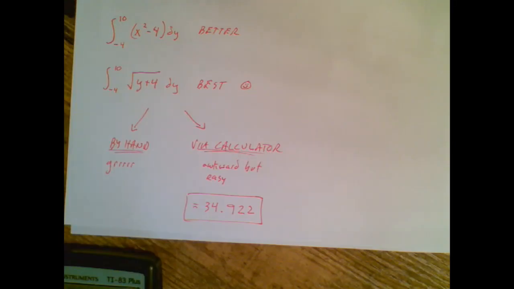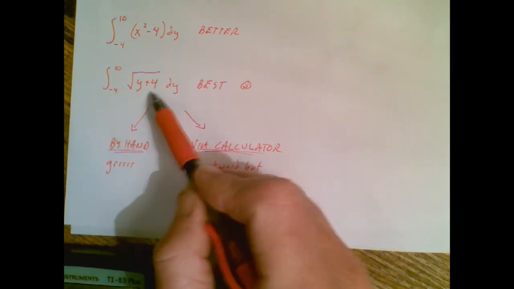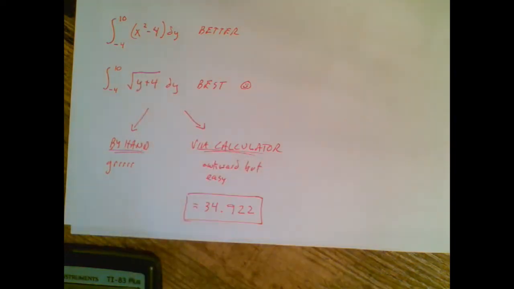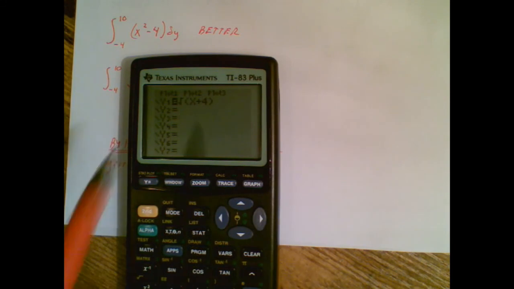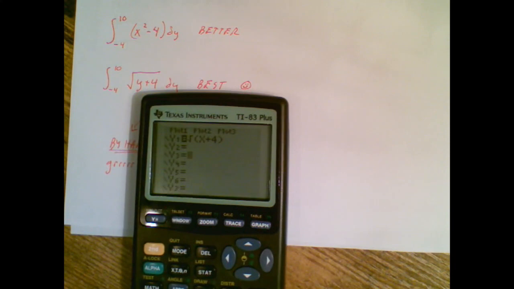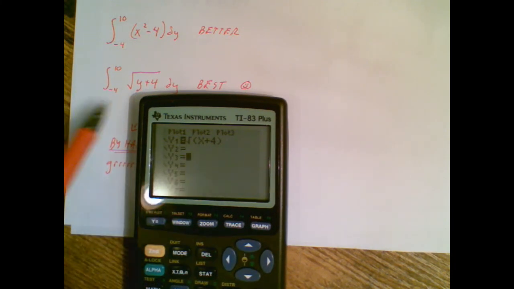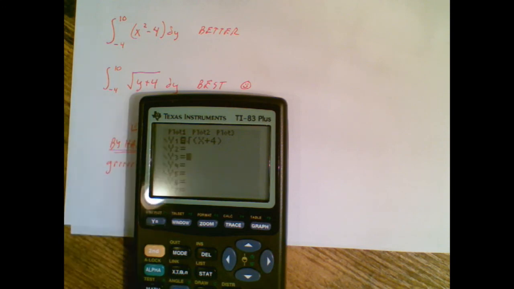So here's why it's tricky. I want to use this integral in my calculator, but notice it's using y as a variable. Well, calculator doesn't care what variable you're using, so I use x. Instead of square root of y plus 4, I do square root of x plus 4. Because remember, if this was a t, if this was a v, if this was a w, calculator doesn't care, it just uses x. So there's no problem mixing up the y with the x.